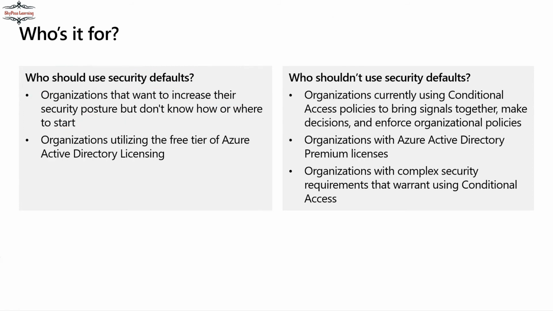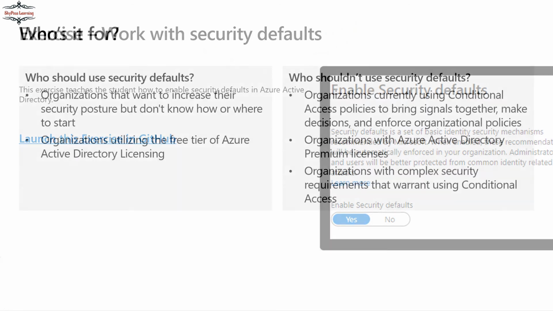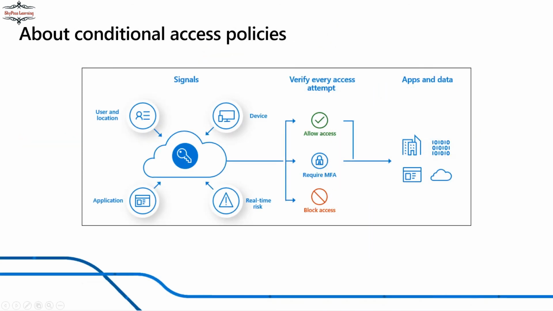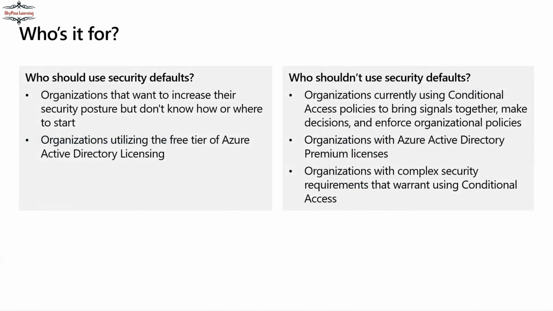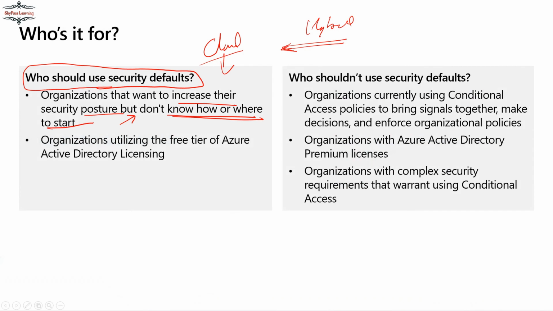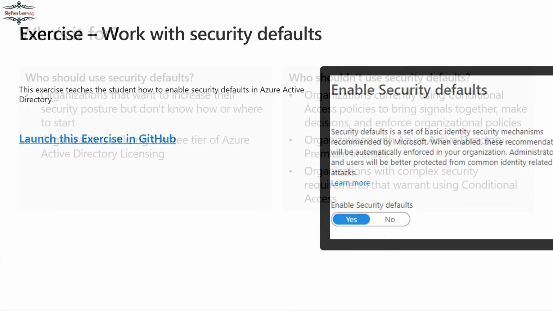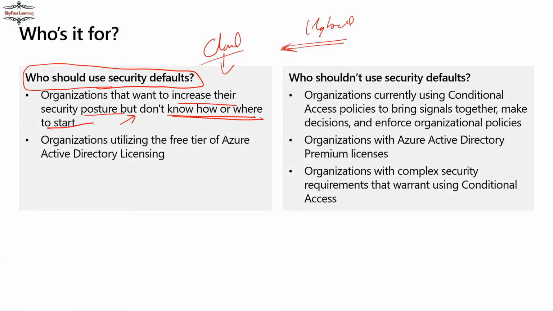And if you are using the free tier services for Azure Active Directory, then you can utilize this, the free tier of Azure AD, or Azure Active Directory licensing. If you are using P1 or P2, you have more flexibility, you can utilize those P1 P2 features along with these security defaults configurations.